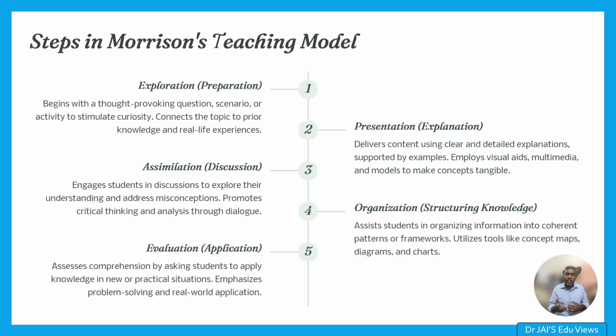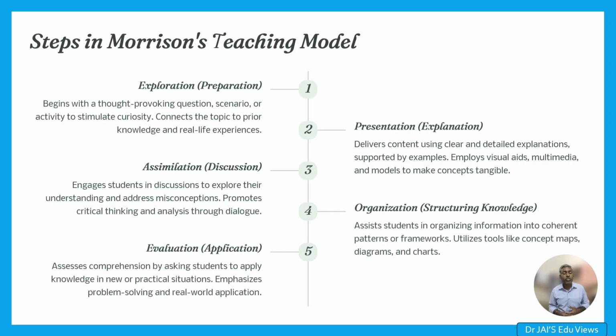The next one is assimilation. This is nothing but discussion. How we engage with the students in discussions is very important. Assimilation means exploring their understanding and correcting the misleading ideas or misconceptions.